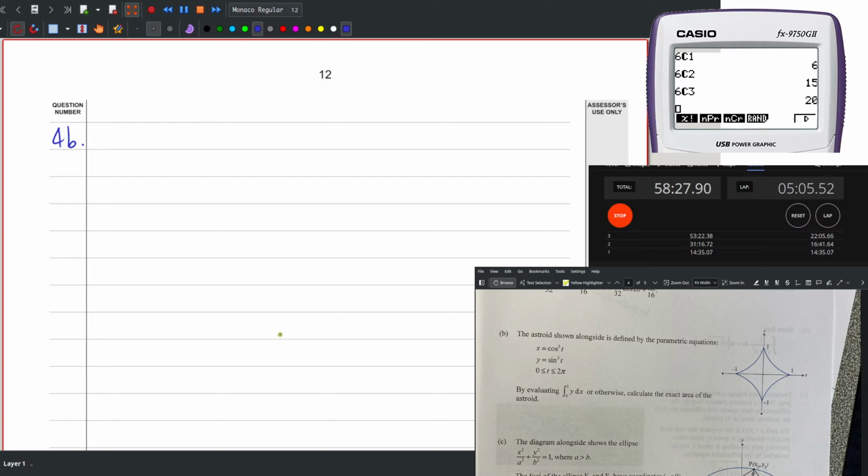Alright. By evaluating what? You evaluate the integral from 1 to 0 of y dx. What the fuck?